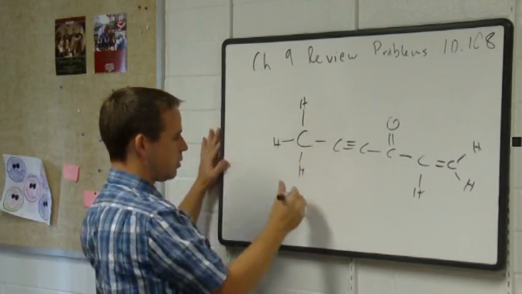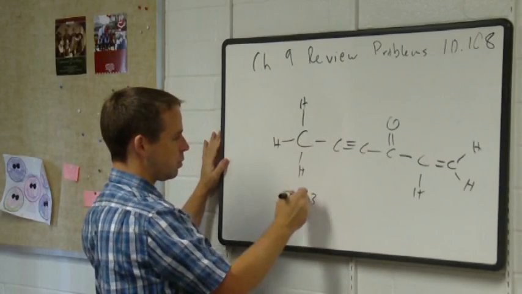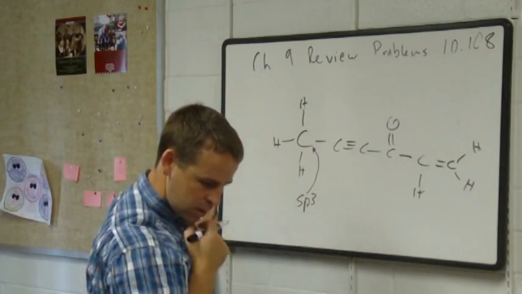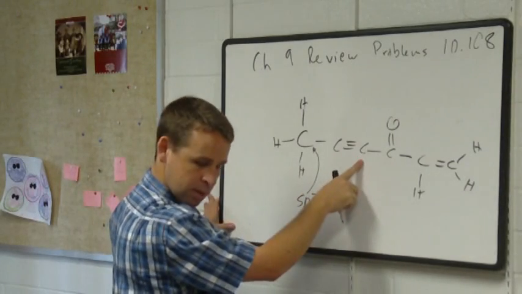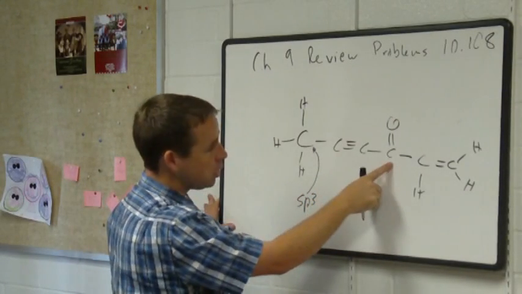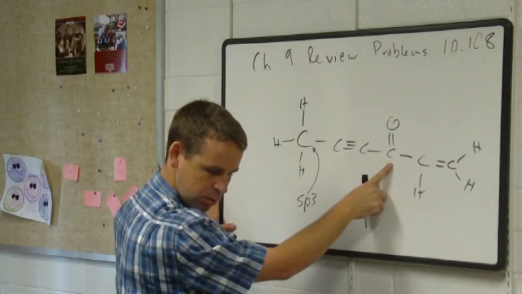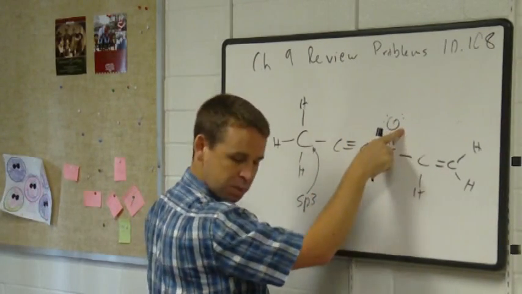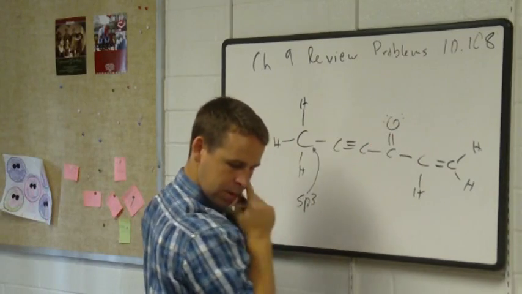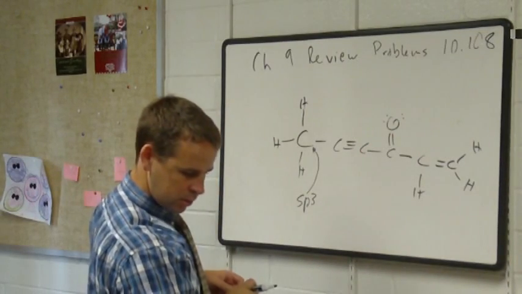Well, there's 4 regions of electron density, so it has to be sp3 for there. And then they ask for this one here, that's 2 regions, so that's an sp hybridization. Here, 3 regions, sp2. Here, there are 3 regions, so that's sp2 as well. And that's all of the answers, okay?